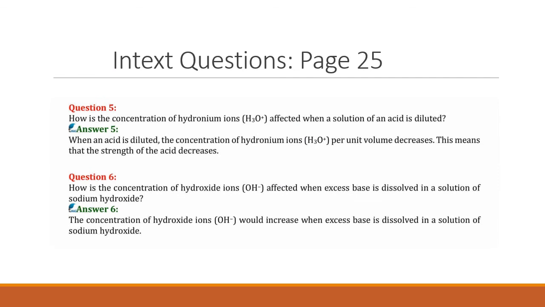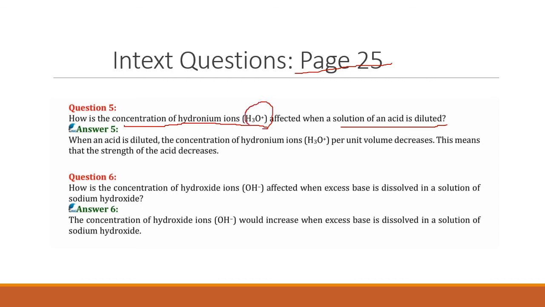Now, question number 5 and 6 from page number 25. Question number 5: How is the concentration of hydronium ion, that is H3O plus ion, affected when a solution of acid is diluted? That means by adding more water, if you dilute the acid, what is the effect on H3O plus ion in the solution?